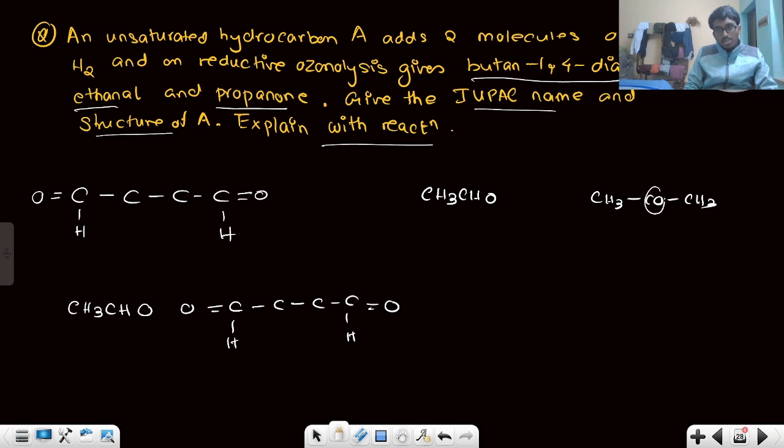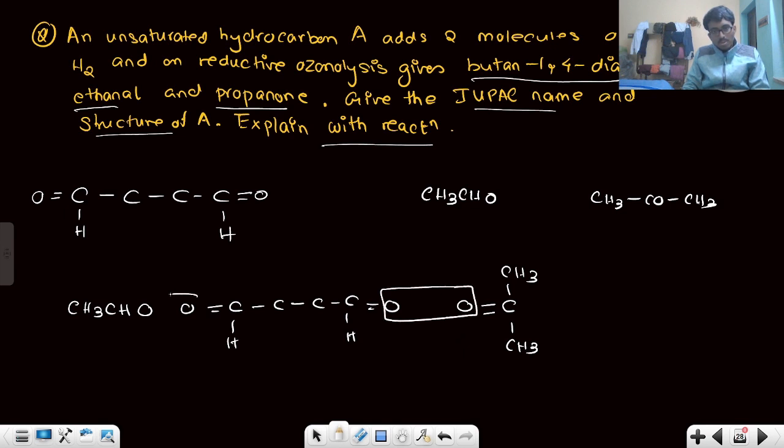And here this oxygen I am writing it, double bonded oxygen with a carbon, CH3 and CH3. You can see I have just flipped the compound, I have done nothing else. Why did I put a double bond here suddenly? I just flipped the compound here, okay? So this will be one thing, this will be one thing.